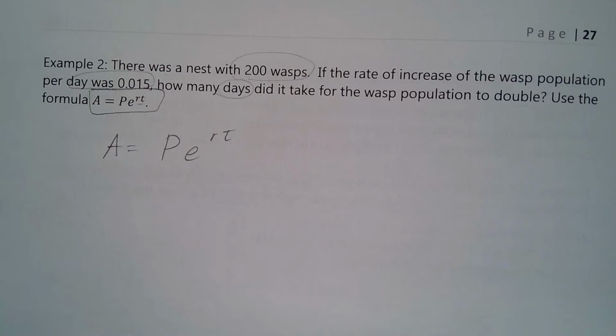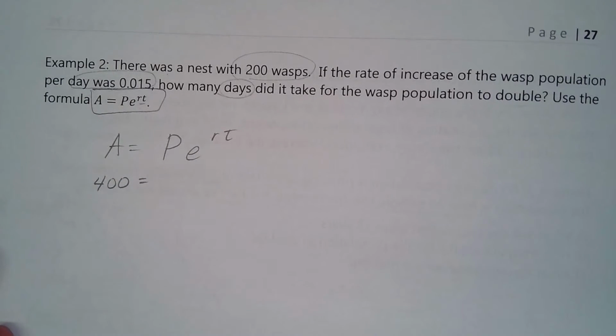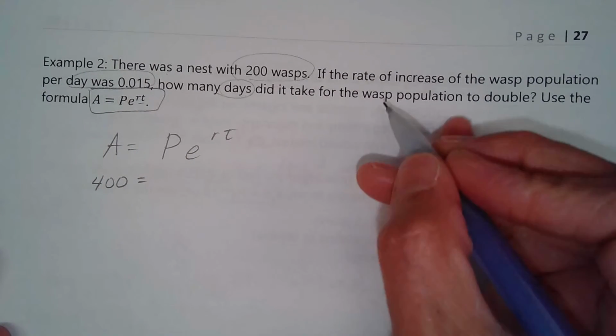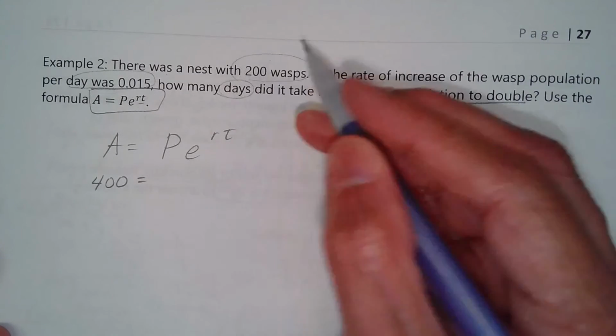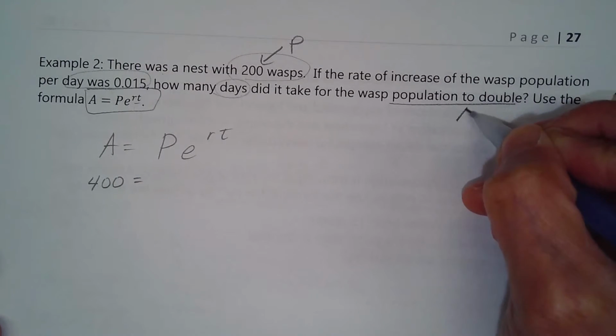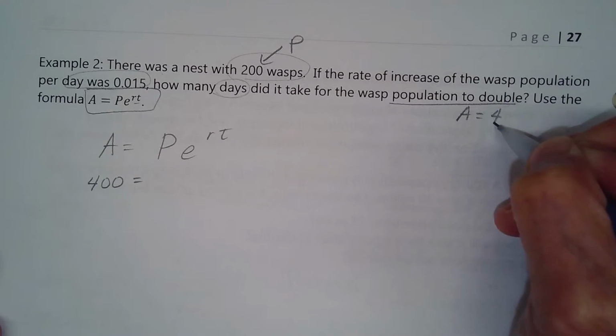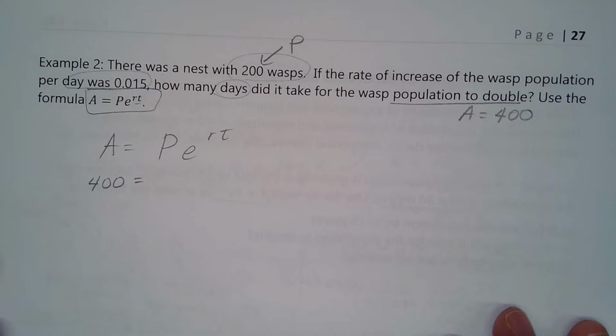So to double, it means it's going to be 400. Is everybody okay? You want the population to double. So it started here. This is the P. And then to double, A is going to be 400.